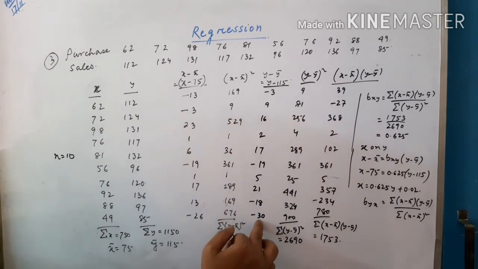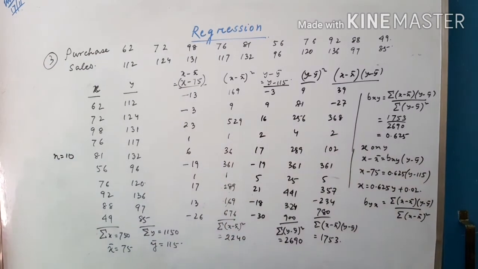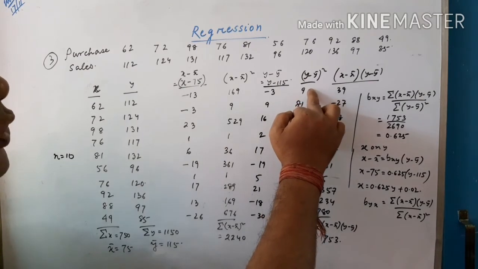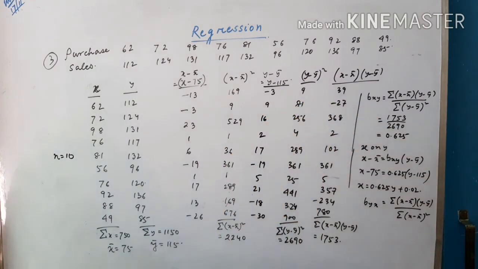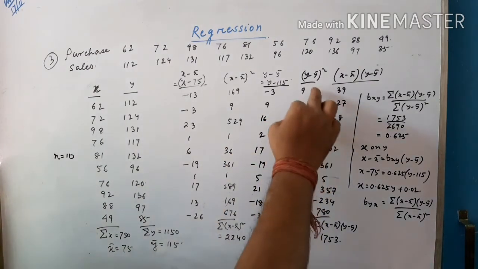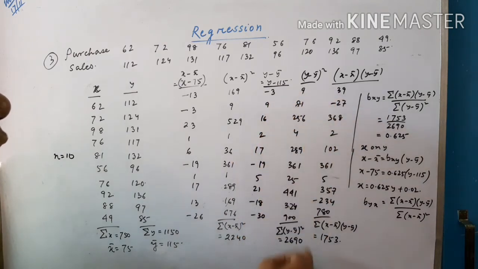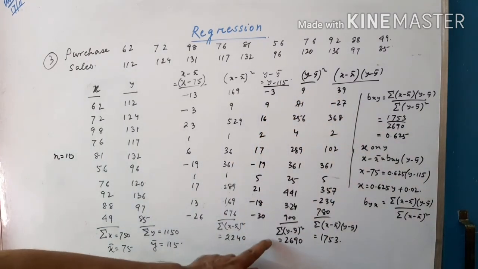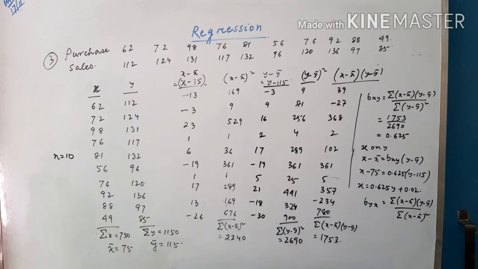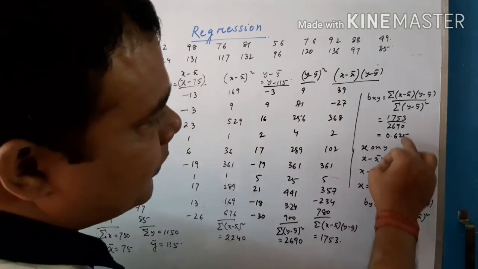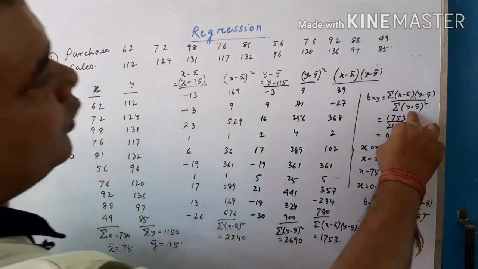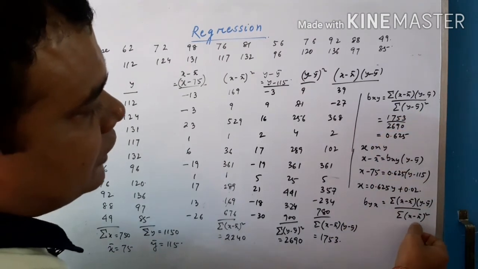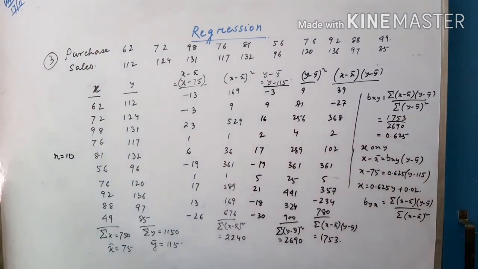This way these are the deviations from the mean for the values of y, and then we have calculated y minus y bar whole square: minus 3 square is 9, 9 square is 81, and in this way you can see that the sum of squares of all these deviations is 2690. So this part and this part are calculated.